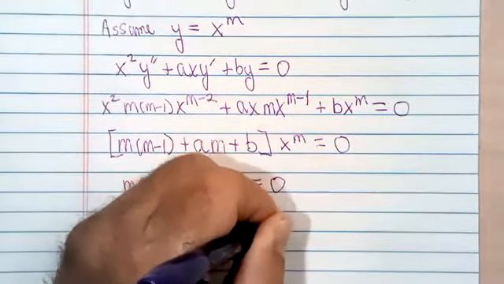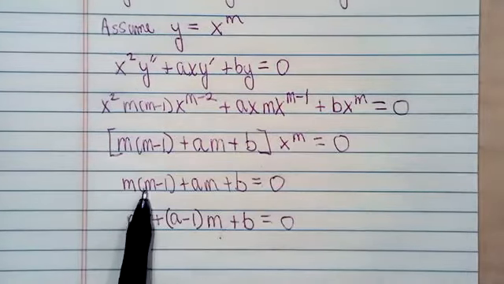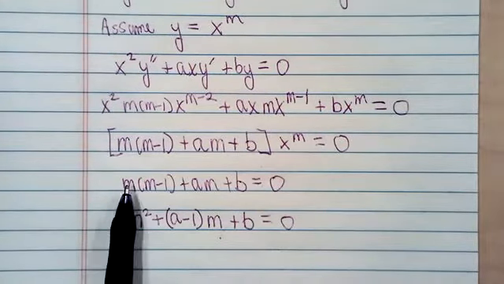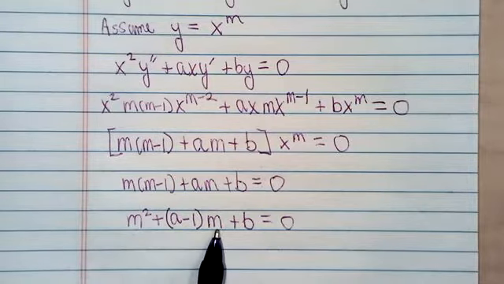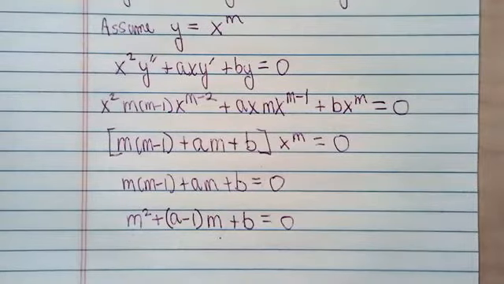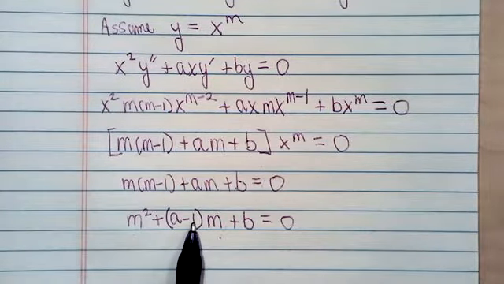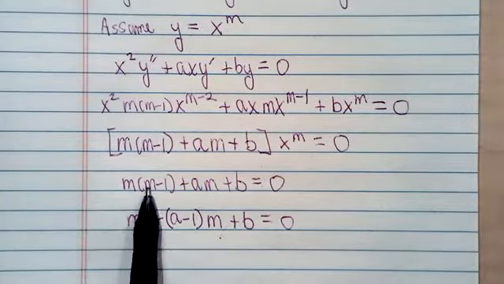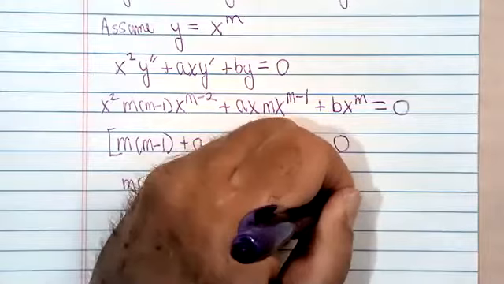You can easily convert from one to the other. Notice if I multiply m times m, I get the m squared here. Then I've got minus m plus a m, which is a minus 1 times m, plus b. In the same way, this is m squared minus m, right? So if you put minus 1 times m up there, you get this. So they're the same. This is called the auxiliary equation.